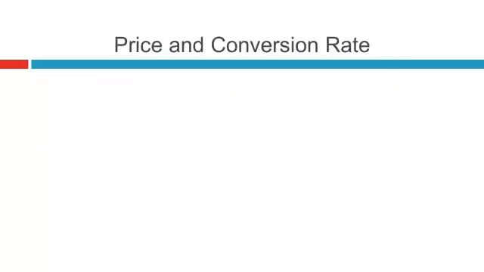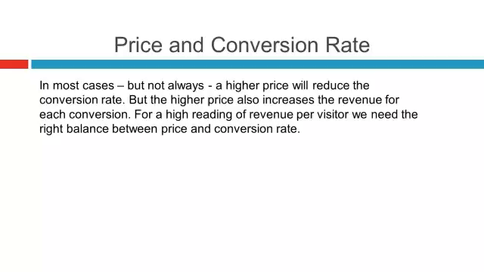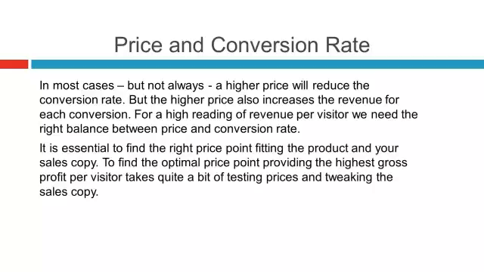Price and conversion rate. In most cases, but not always, a higher price will reduce the conversion rate. But the higher price also increases the revenue for each conversion. For a high reading of revenue per visitor, we need the right balance between price and conversion rate. It is essential to find the right price point fitting the product and your sales copy.